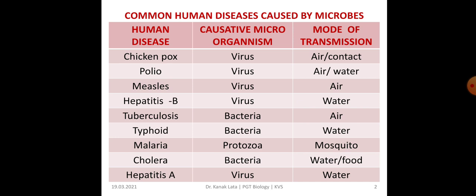Another is cholera, that is also caused by bacteria and it is transmitted through contaminated food and water. Hepatitis A, the causative organism for hepatitis A is a virus and it is transmitted through water.